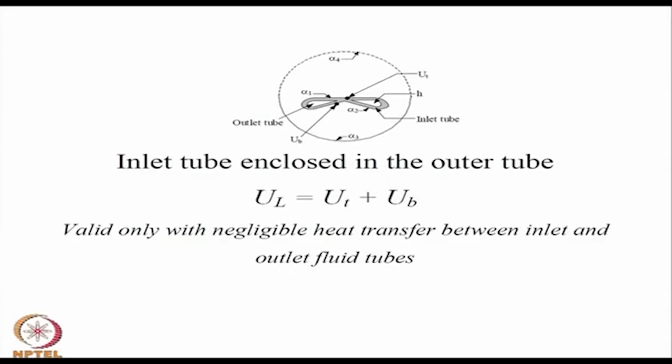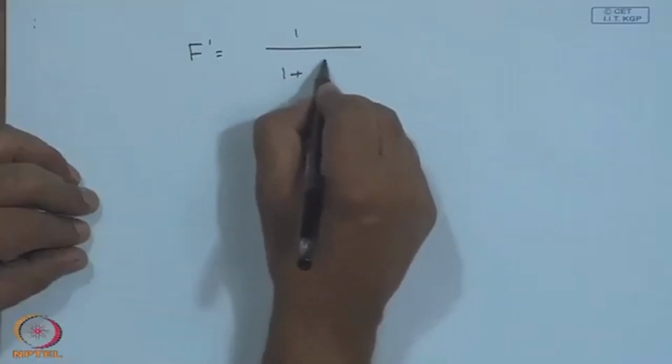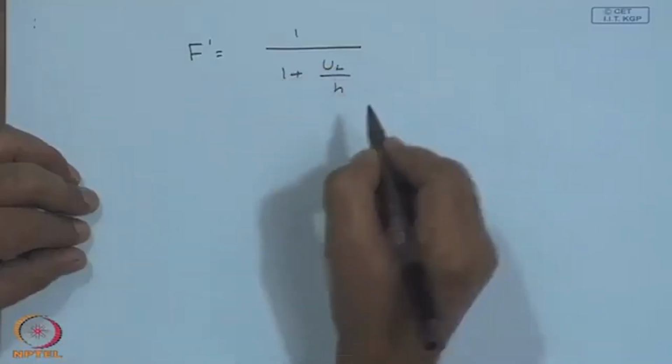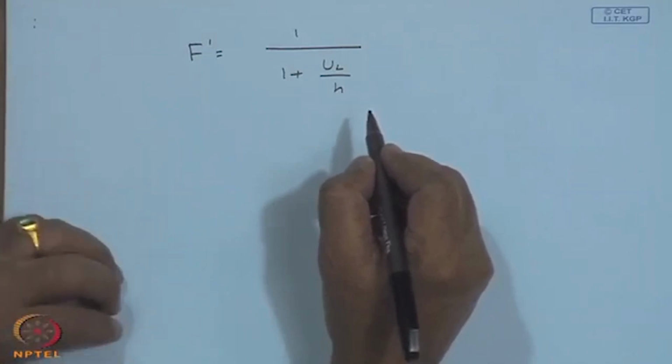Now, inlet tube enclosed in the outer tube, you can see from the diagram. So, valid only with negligible heat transfer between inlet and outlet fluid tubes, and again U L is U t plus U b, and the collector F dashed is 1 upon 1 plus U L by H. Let me show this picture for a while, so that you will see the particular slide.